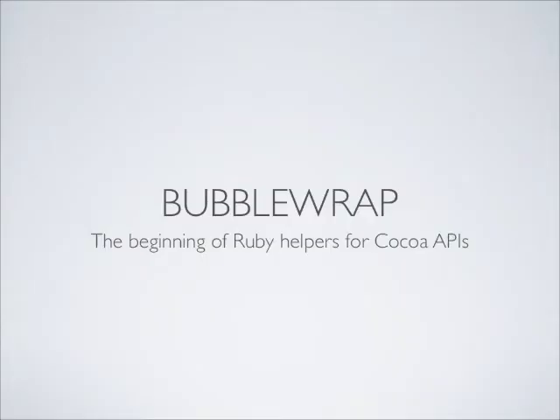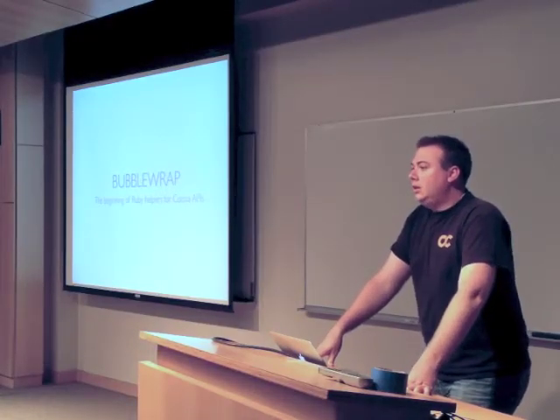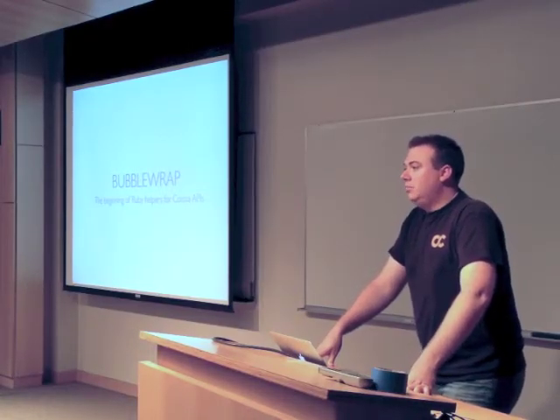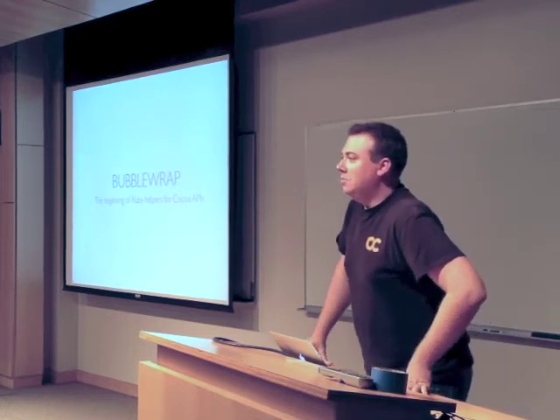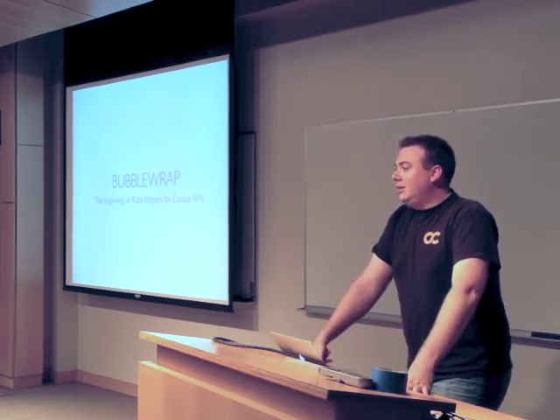So BubbleWrap is something that was written by Matt Aimonetti. He is not here tonight, but he is our MacRuby guru and had a lot of opinions and things to say about RubyMotion when it came out.